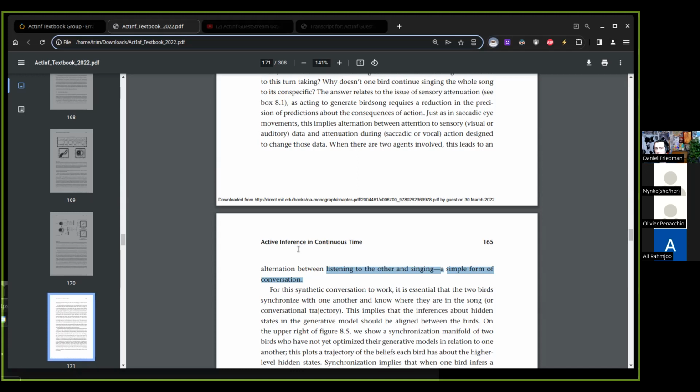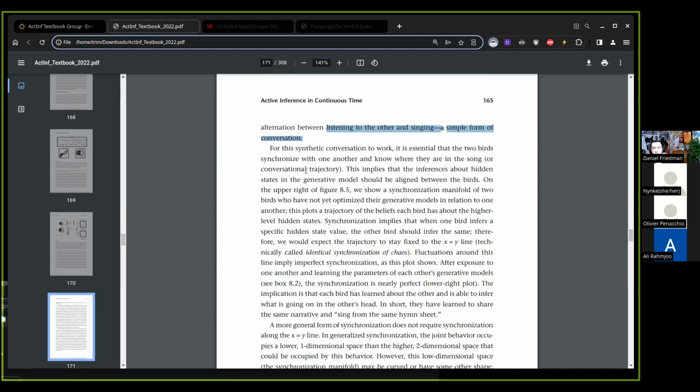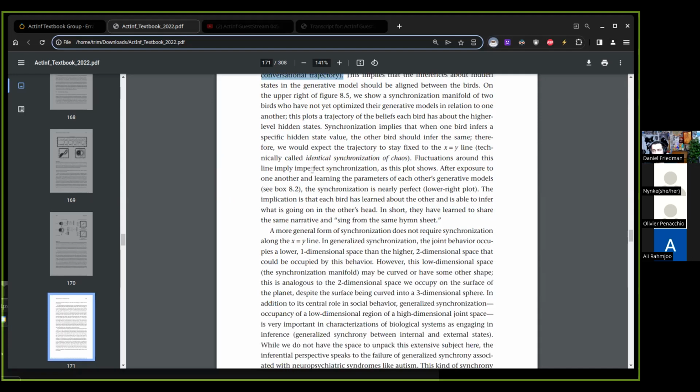I better reduce this discrepancy by taking action, because listening harder isn't going to make the song happen. And so that's singing from the same hymn sheet, like Carl says. And it relates to joint, shared regimes of expectation and joint perception, action, and multi-agent systems.